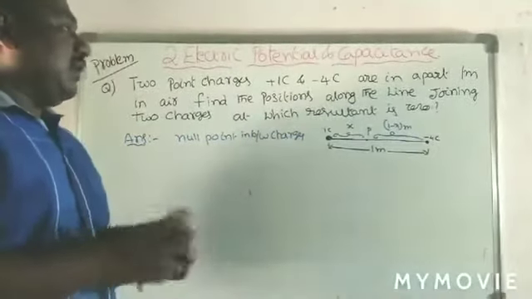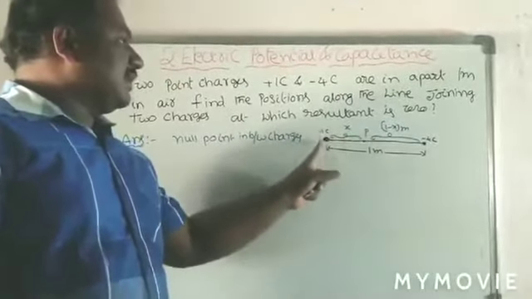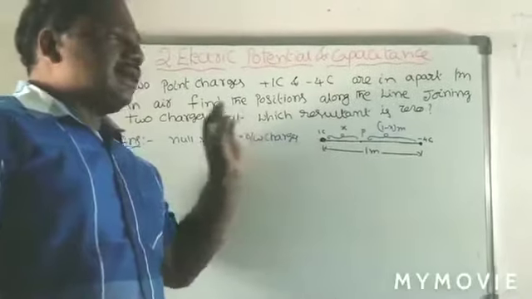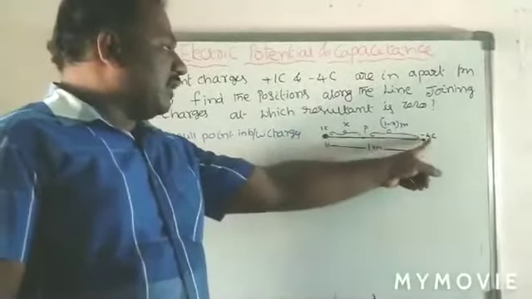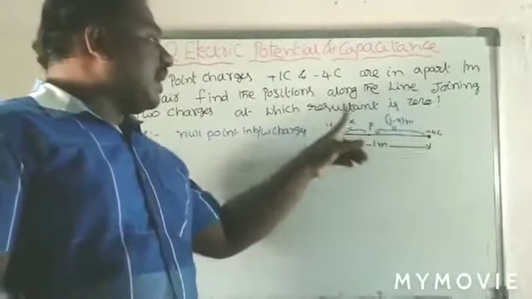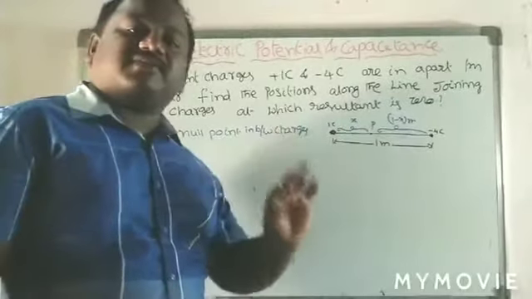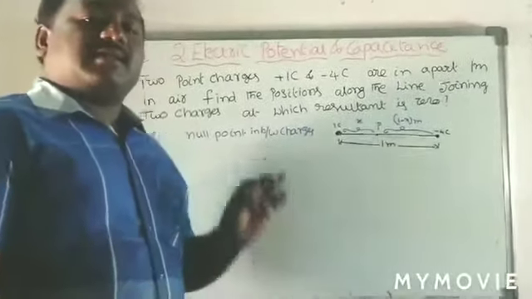Here you remember one point: you always consider the point P to be x meters from the least magnitude charge. Here minus 4 has magnitude 4, and plus 1 coulomb has magnitude 1. The x distance is always taken from the least charge. You can easily calculate.